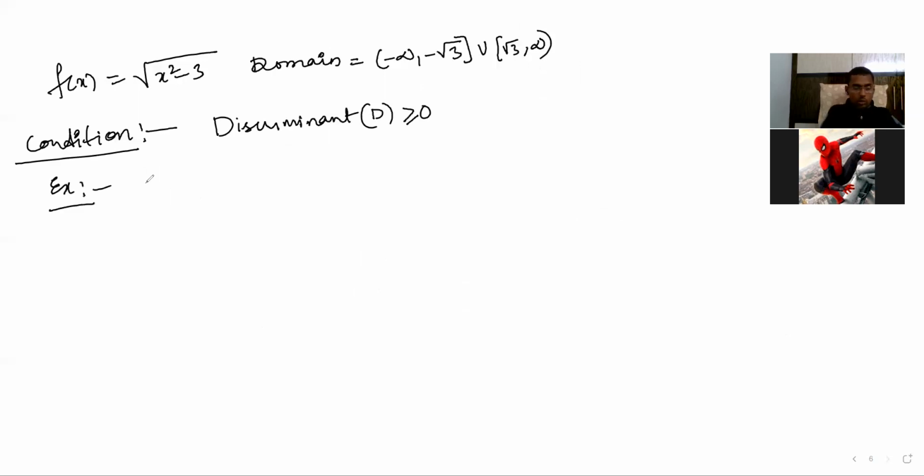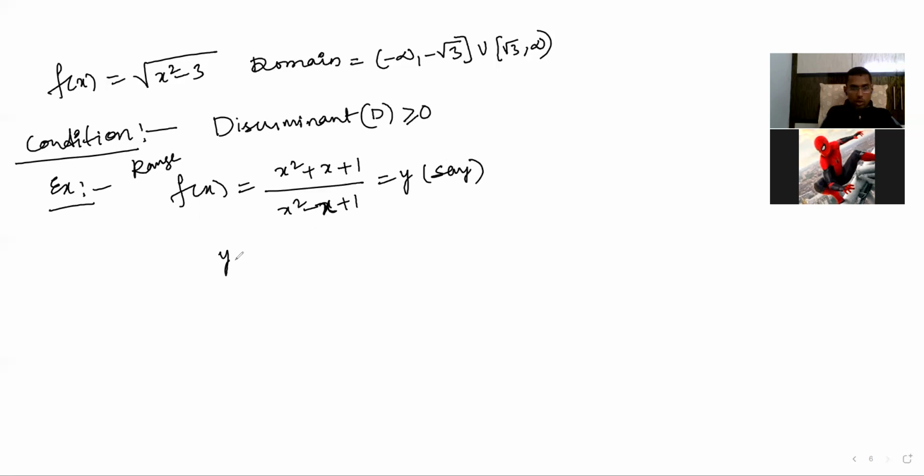Find the range of f of x equal to x square plus x plus 1 by x square minus x plus 1. What I will do is let this be y. Then y x square minus y x plus y equals x square plus x plus 1.